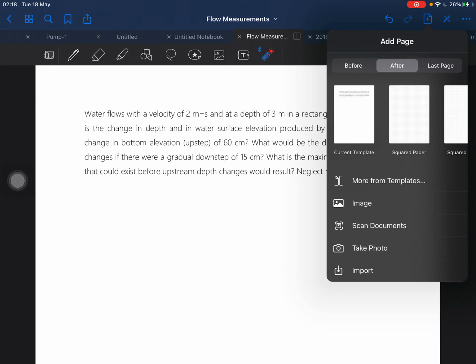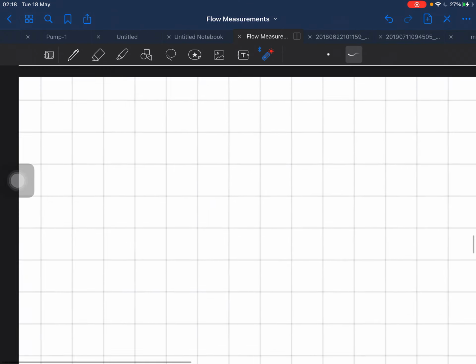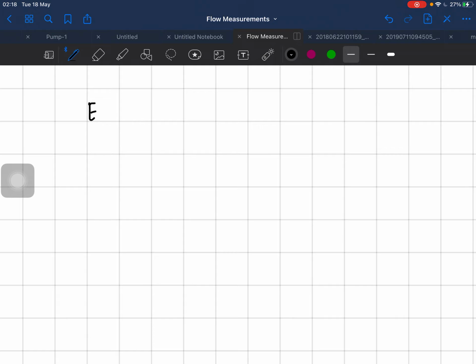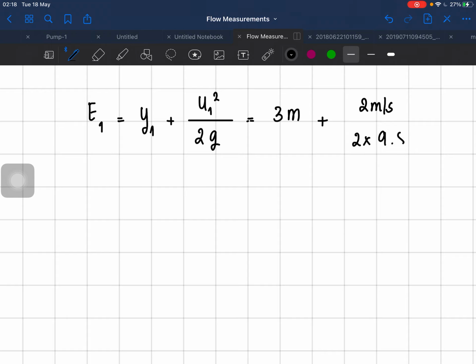So now let's start the solution together. We're using this equation, y1 plus u1 squared over 2g. So the answer is 3 meters plus 2 meters squared per second squared over 2 times 9.81 meters per second squared.